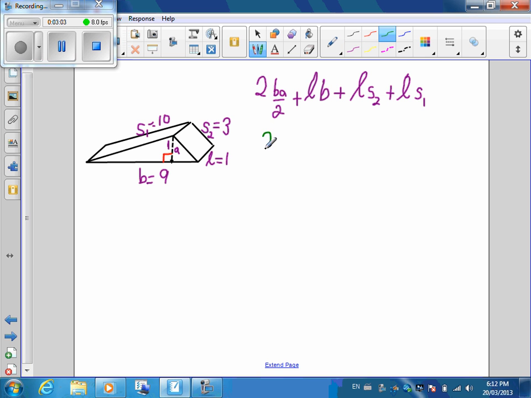So putting our data in, the base is 9, altitude is 1. That's over 2, for 1 triangle, base times altitude divided by 2, doubled, plus the length of 1 with the base of 9.